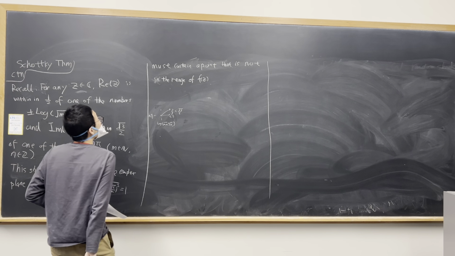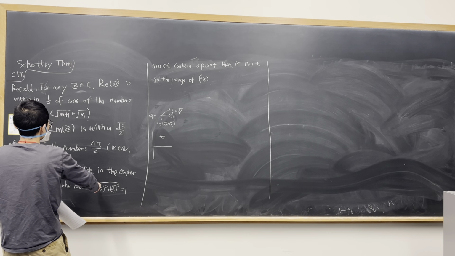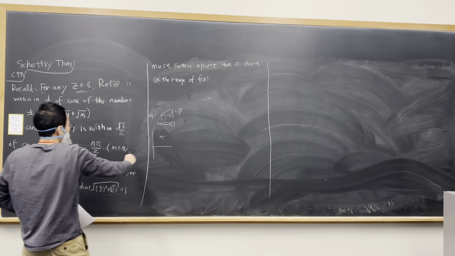So you start with a point, like any point on the convex plane, and then after you move something, move within 1/2, right?